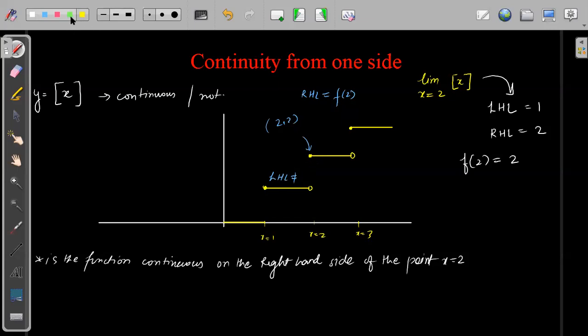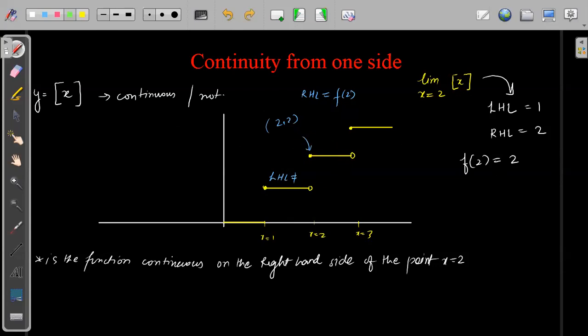Suppose I start at the point here, and on the right hand side, am I able to draw the function without lifting the pen? Yes or no?